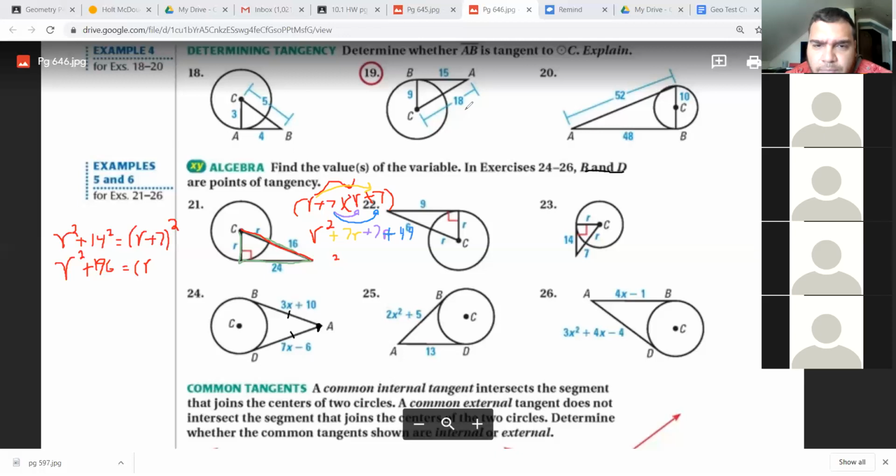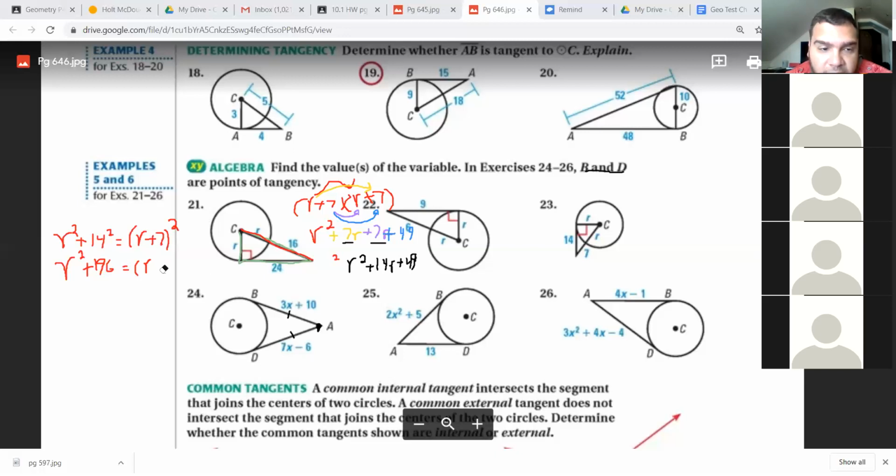Okay. So there are only 2 like terms here. It always happens to be the middle terms, 7r and 7r. So I'm going to reduce this to r squared plus 14r plus 49.